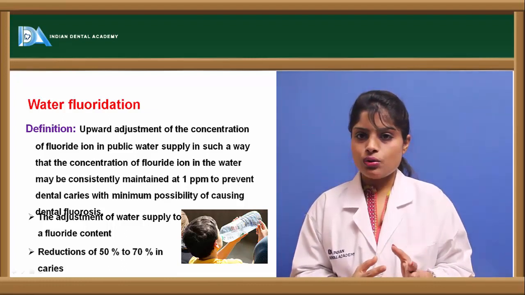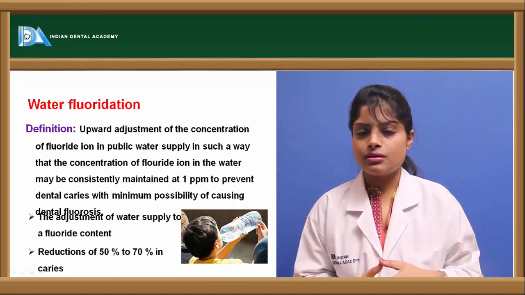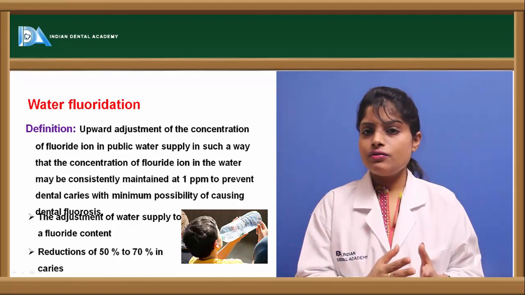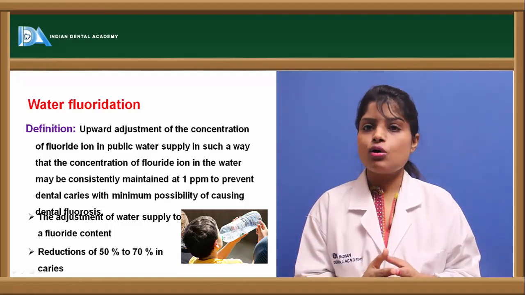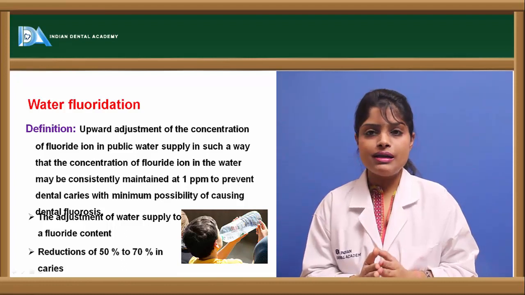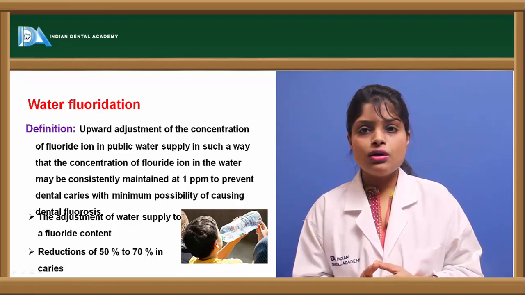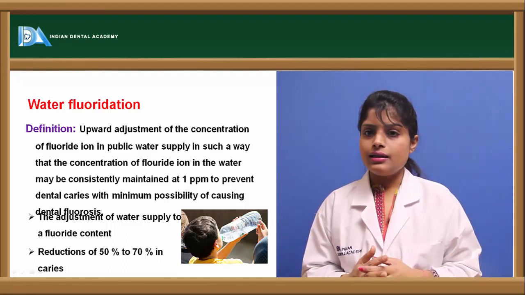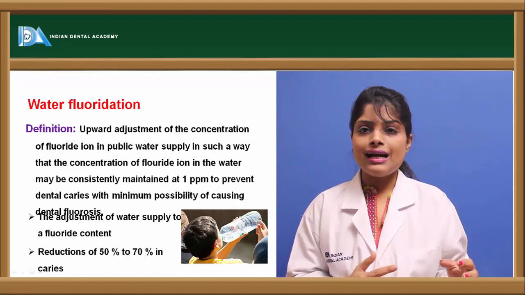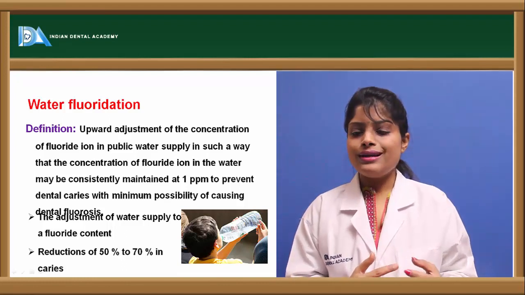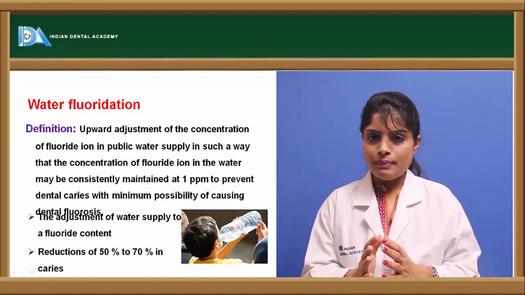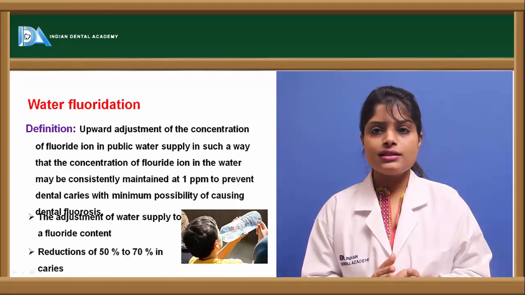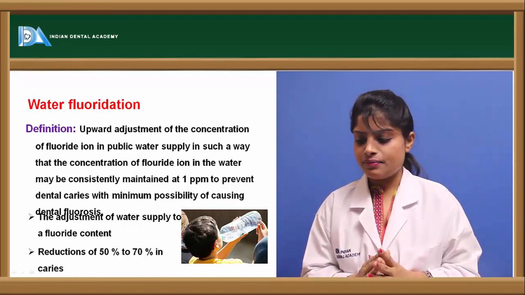In 1942, a significant change took place: it was discovered that if the fluoride content in water is about 1 ppm, or 1 part per million, then it will lead to a dramatic reduction in caries incidence, and the caries incidence of the people of that place will be very low. So 1 ppm was described as a safe level for fluoride in the water of a particular place.